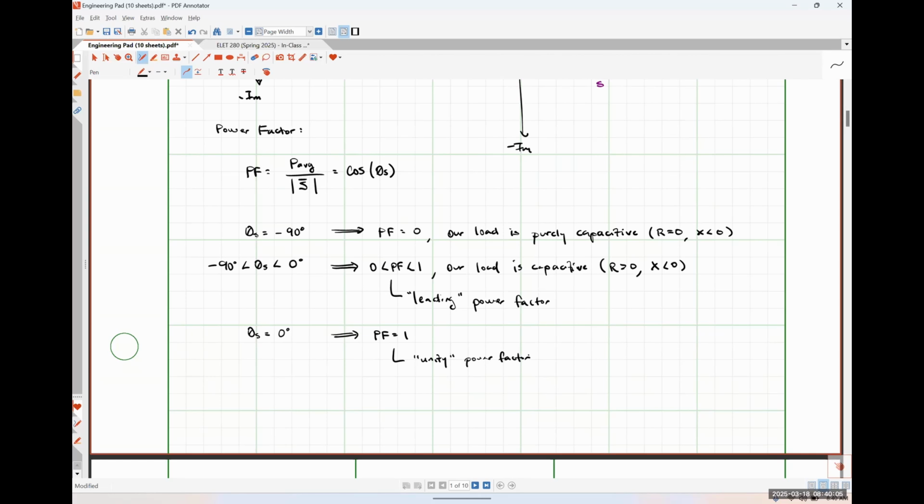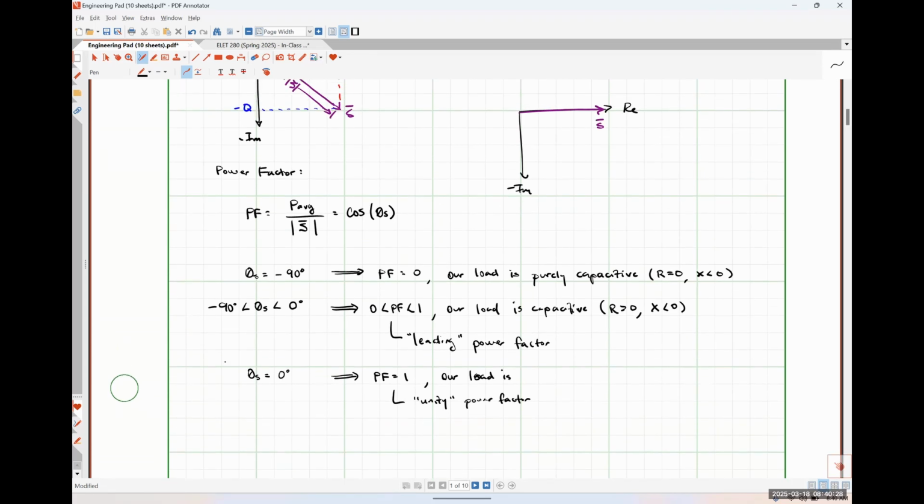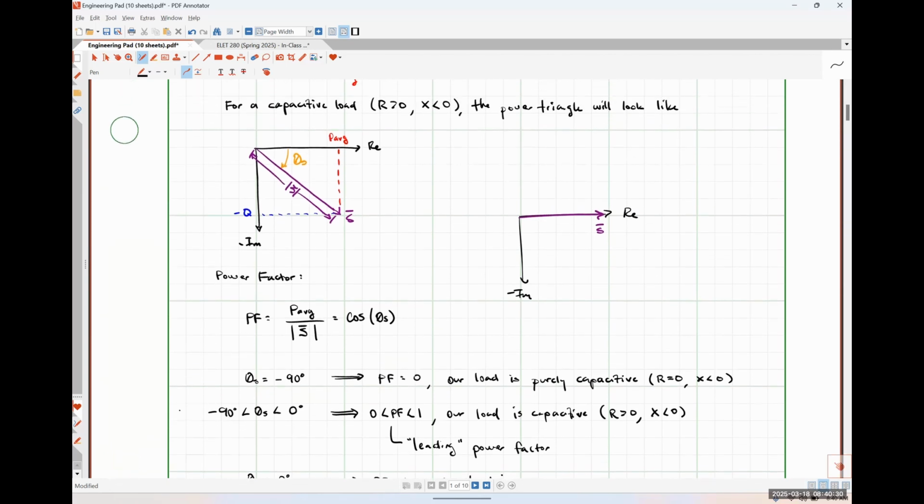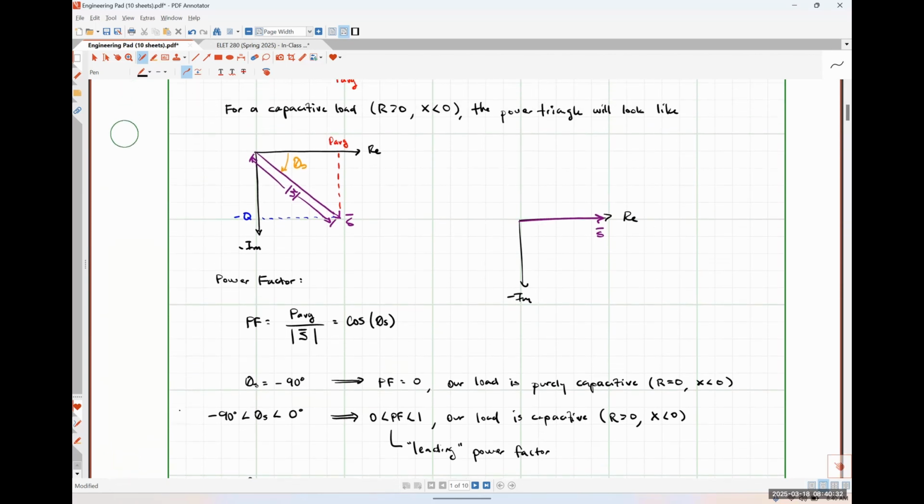Okay. So what type of load generates the unity power factor? So let's look back at what happened when theta s was equal to negative 90. Okay.